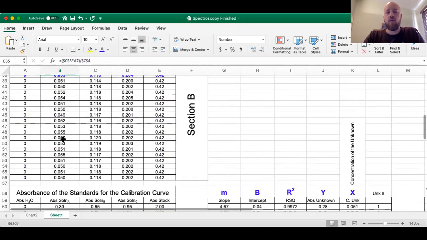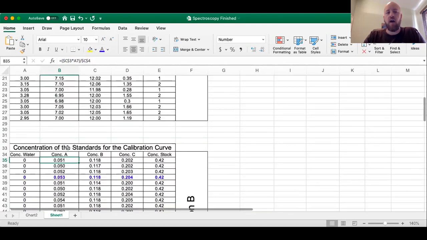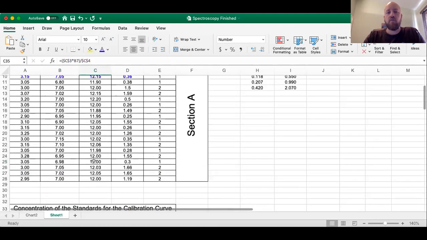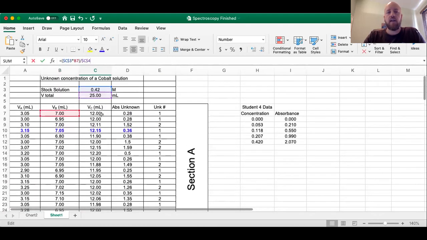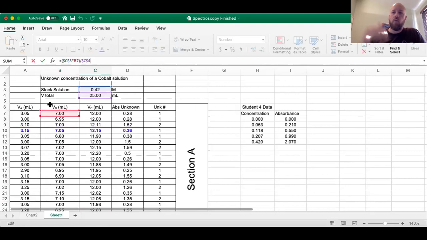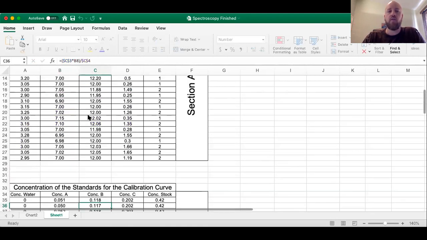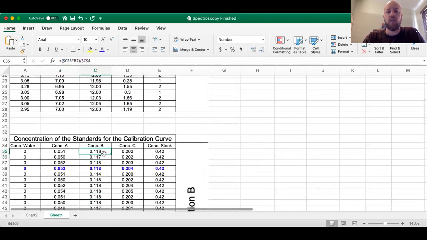Solution B, again, is a dilution, except here we increase the amount of stock from 3 milliliters to 7 milliliters, which will increase our concentration. Again, you have M1V1 equals M2V2. We multiply and divide. Each sample is 25 milliliters. And so now our second standard is 0.1 molar.